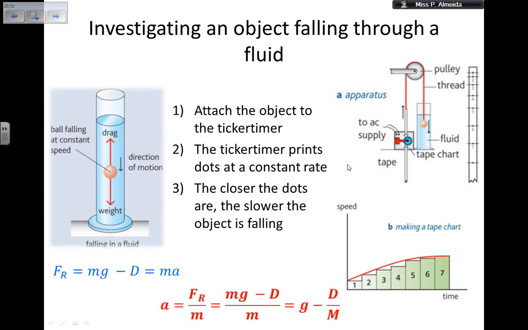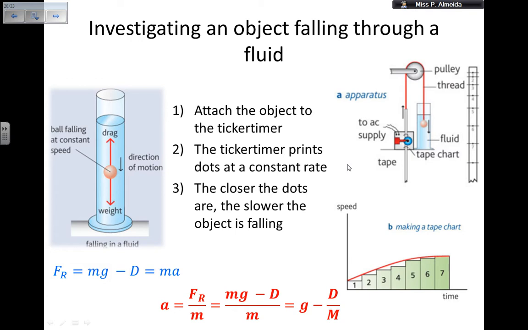And then the actual formulas for the resultant force. So resultant force is going to be the mass times the gravity, so the weight, minus D, the drag, and it's going to be equal to the mass times acceleration. So I decided that the drag facing upwards was going to be negative, okay? If I rearrange, I get that acceleration is my resultant force over the mass.